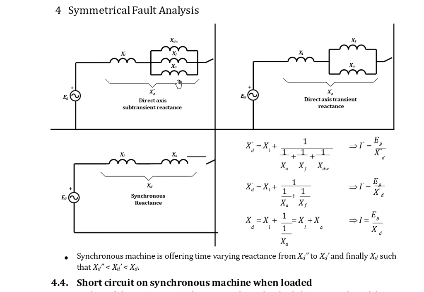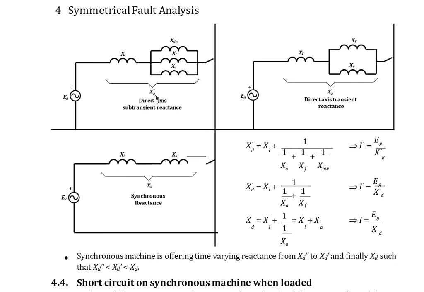This parallel combination gives a certain reactance, and that parallel combination gives another reactance, and this one is more than the other. So our overall XD dash is greater than XD double dash.